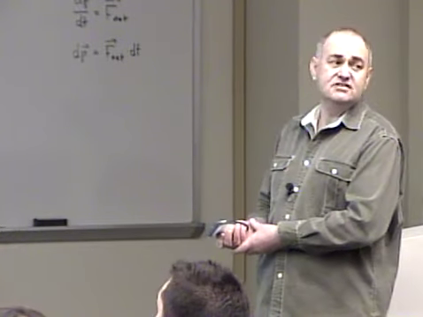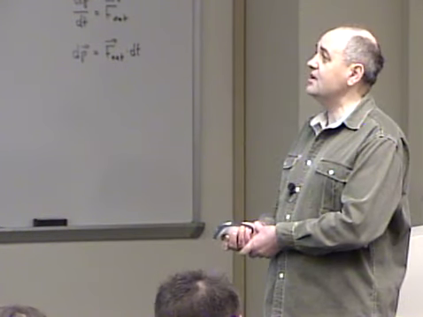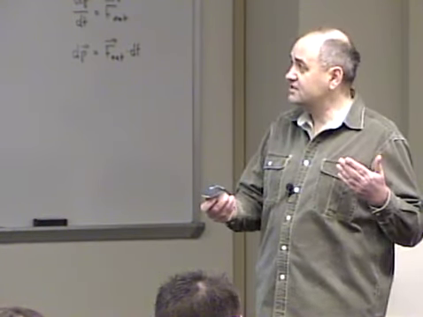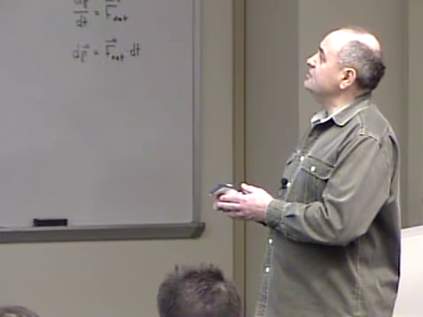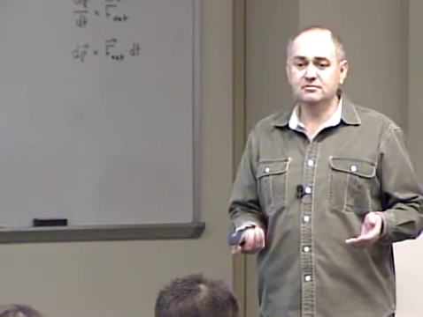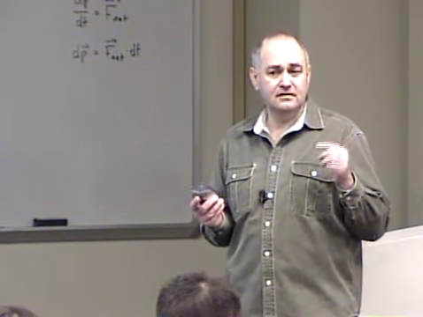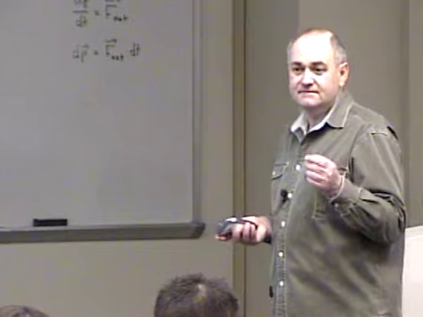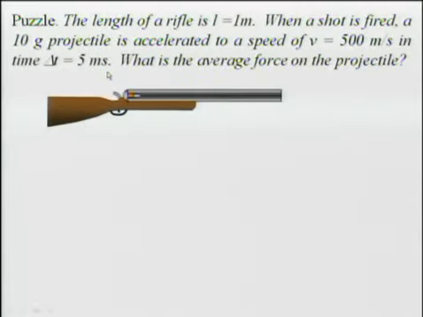Let's find out what would be the constant force if the acceleration was constant, right? Because if the force was constant, acceleration would be constant. So if it assumes speed of 500 meters per second in 5 milliseconds, what was the acceleration of that bullet if it were constant? Well, I have to divide 500 meters per second by 5 milliseconds. So this is 5 times 10 to the power of 2.